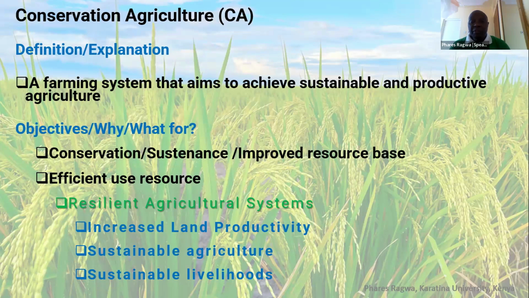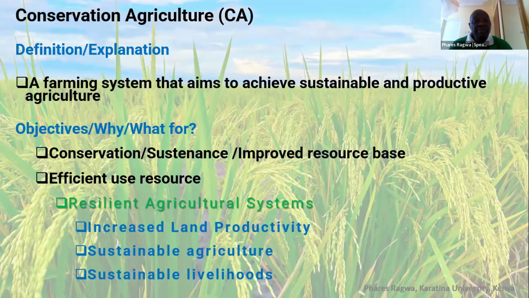And with sustainability, we are talking about being able to produce high yields in agriculture far into the future. How far do we mean? From one generation to the next, because we are reliant on the same resource base, that is land, for agricultural production.